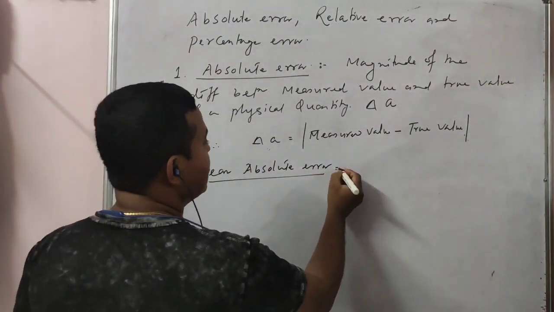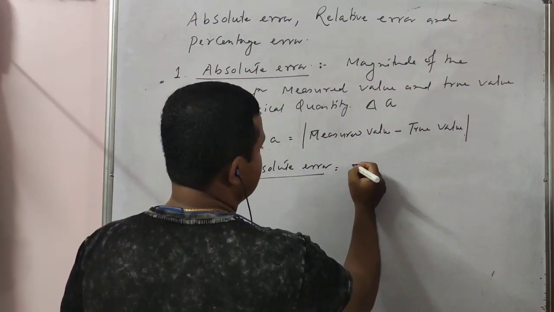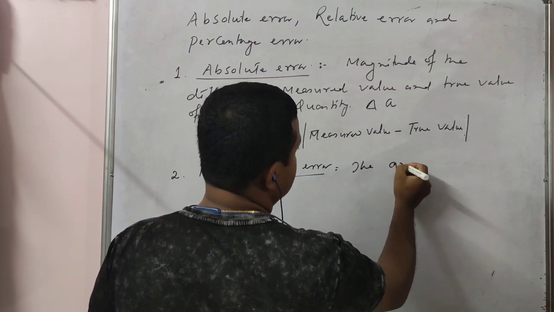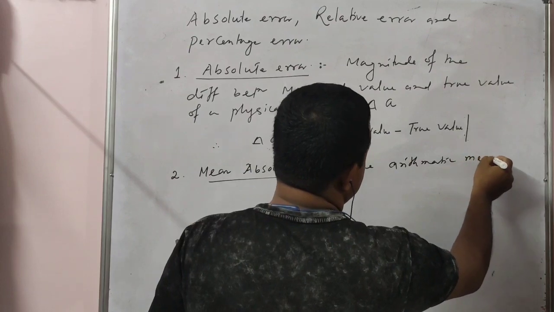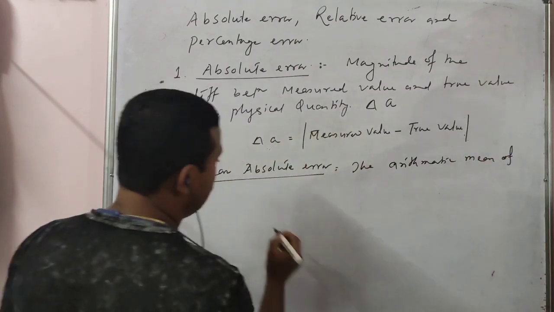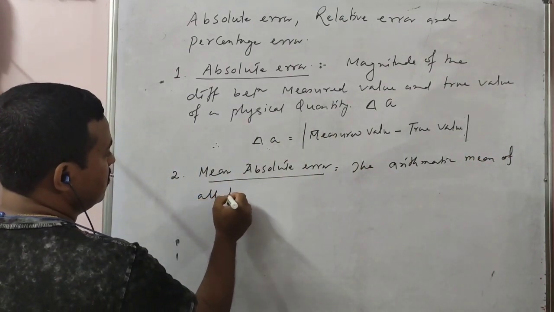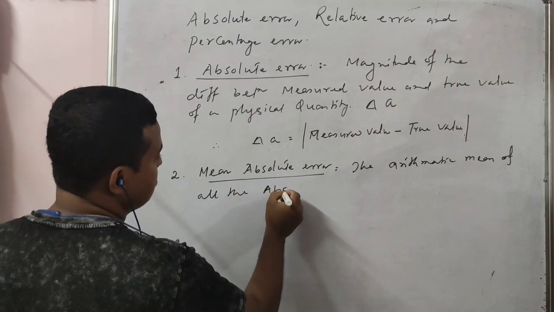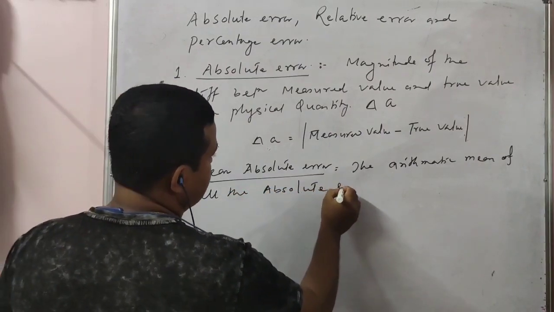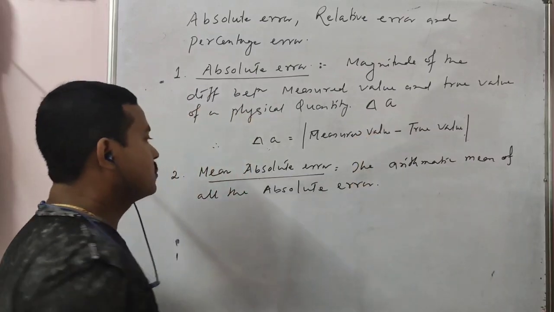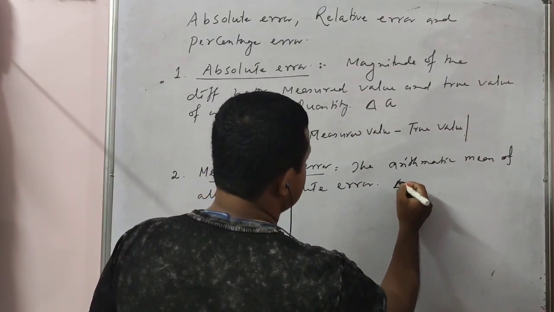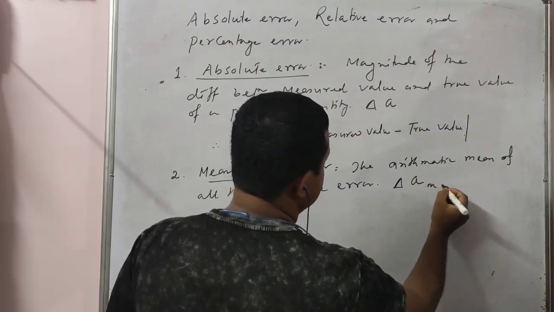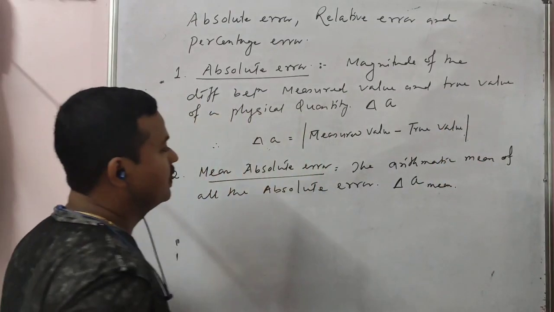So this is simply the arithmetic mean of all the absolute errors. It's called mean absolute error. It is denoted by delta A mean.